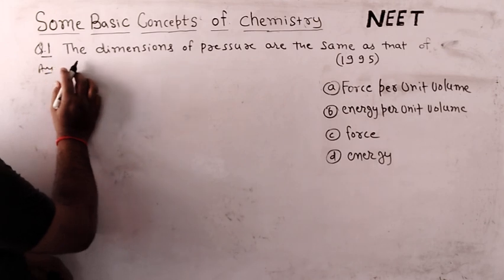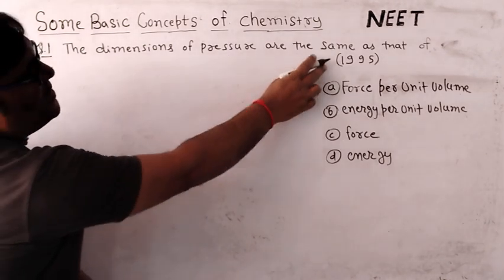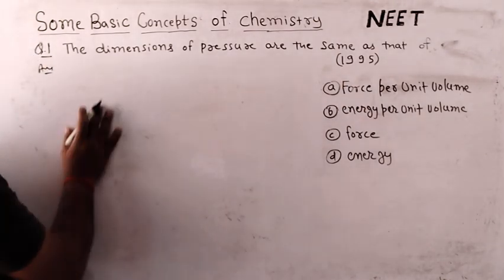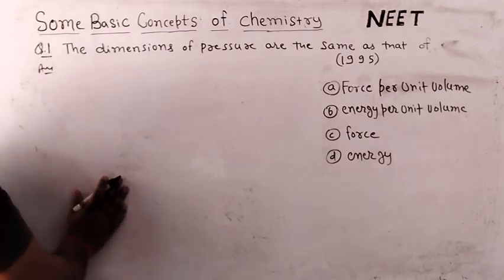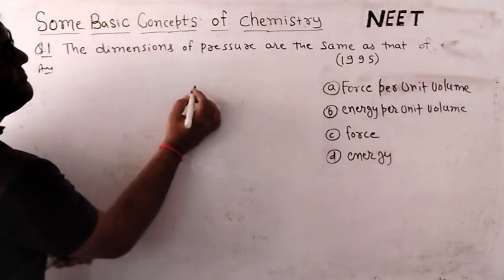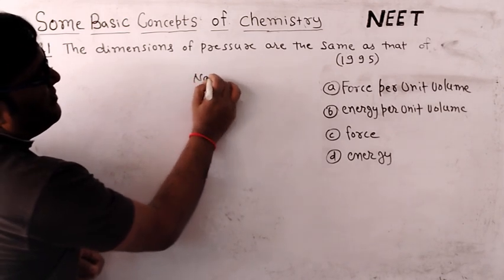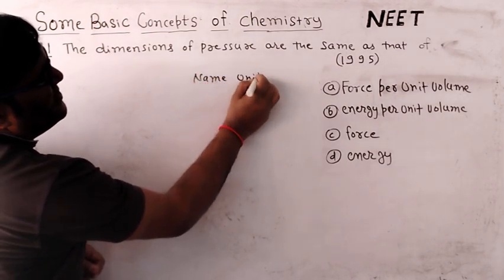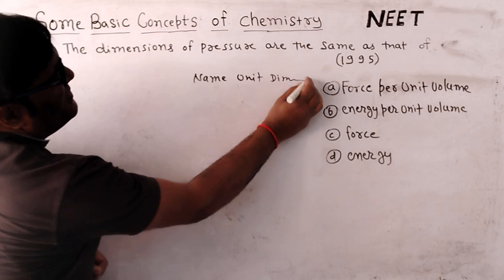Now question number 1: the dimensions of pressure are the same as that of... four options are given. This question is based on calculation of unit and dimension. So initially, name, unit and dimensions.